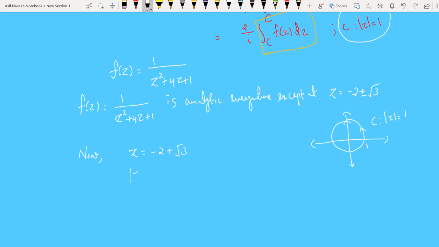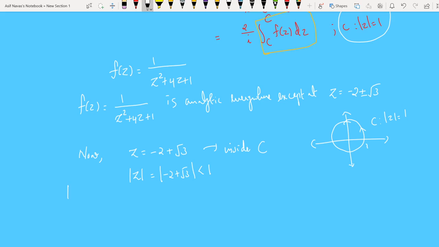Then what is mod z? Modulus of minus 2 plus root 3. Is it less than 1? Yes. So that means this point is inside C, because the modulus of this quantity is less than 1.